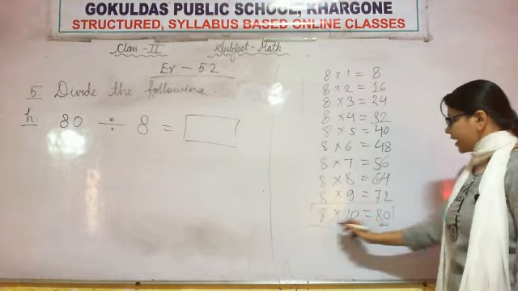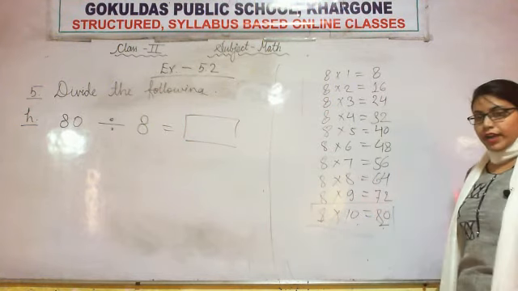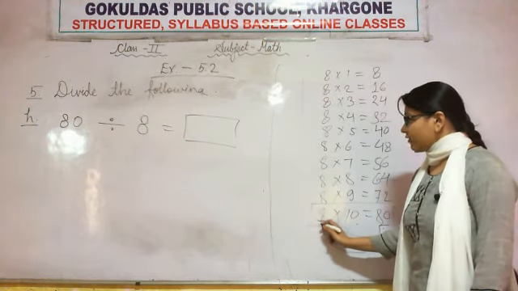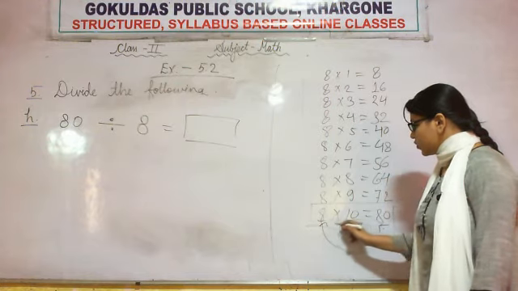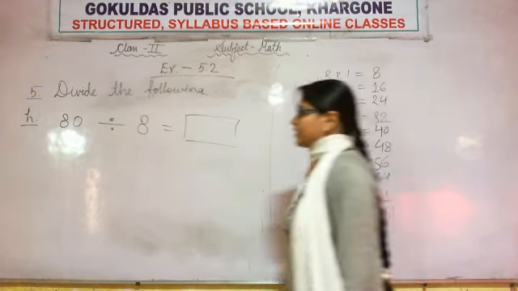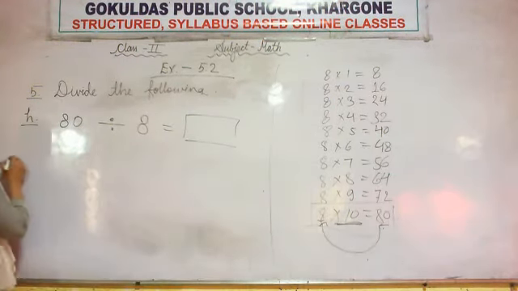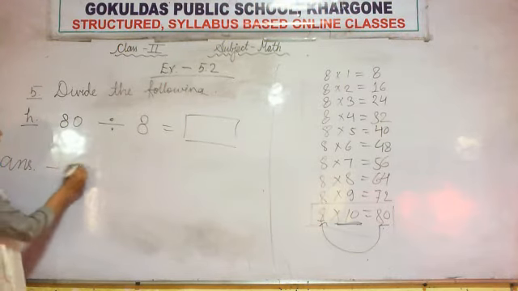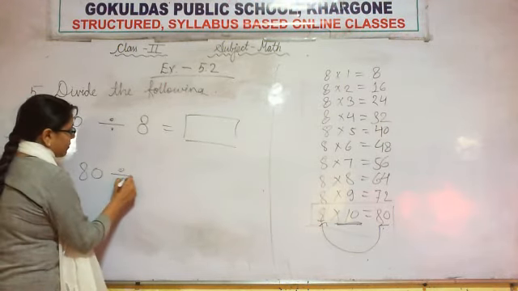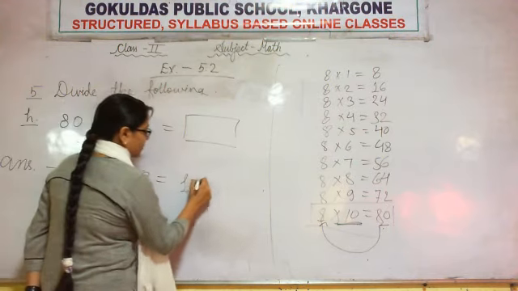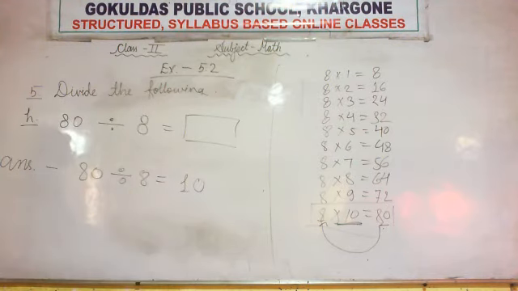So 8 into 10 is equal to 80. 80 divided by 8 is equal to 10. So 10 is our answer. Let's write the answer. 80 divided by 8 is equal to 10.